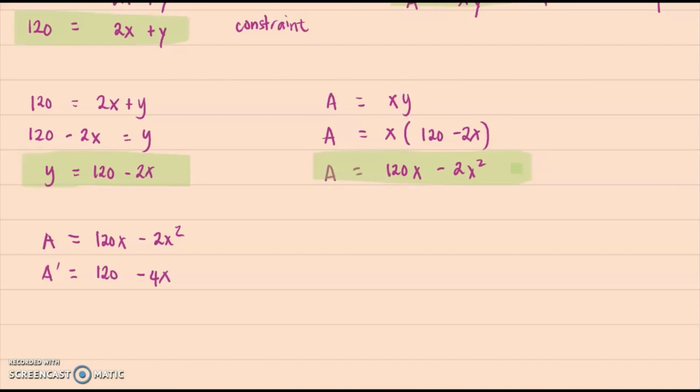That is our first derivative. Next step, we have to set our first derivative to 0. So 120 minus 4x equals 0. Solving for x, negative 4x is equal to negative 120, so x is equal to 30. That is now our computed value for x.